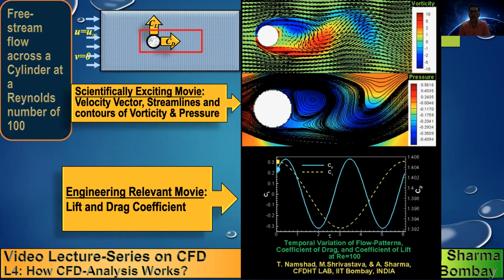Now these two movies which I am showing, as compared to heat conduction, where you have only one variable, one actor corresponding to temperature, when you move to fluid mechanics, you have the velocity and pressure. And fluid mechanics is much more complicated as compared to heat conduction.